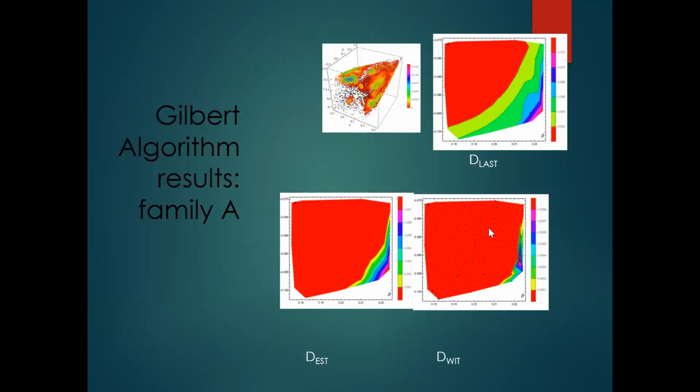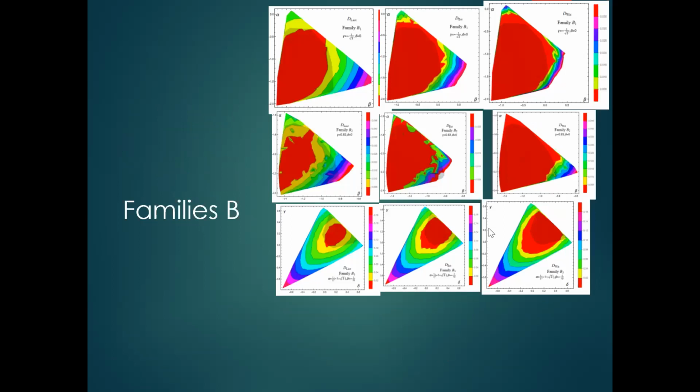So I thought it was a good idea to check. The first test was to study family A, and I found that there was almost no entanglement except for this corner here. That was known by Beatrix, but then family B was different. Family 2 was a bit messy in the results, but still you get the idea.